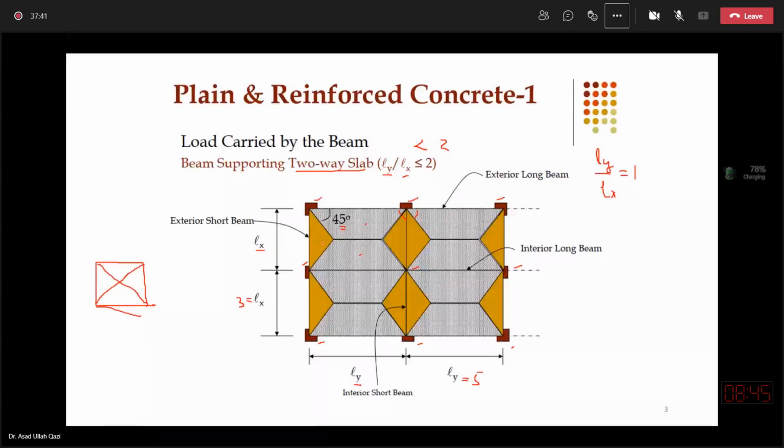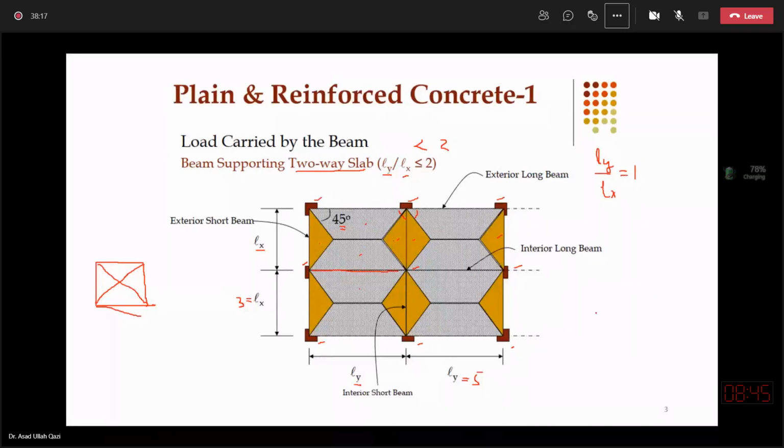It is then decided that the longer span beam will take the share of a trapezoid if it is an exterior beam, and if it is an interior longer span beam, it will take the share of load from two trapezoids, and the shorter interior beam will take the share of two triangles, and exterior one triangle.